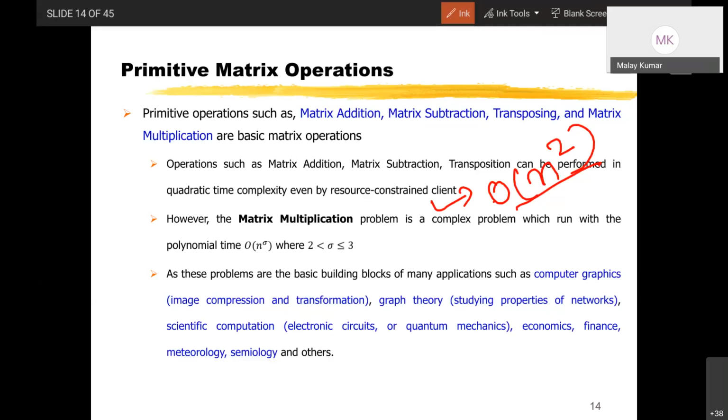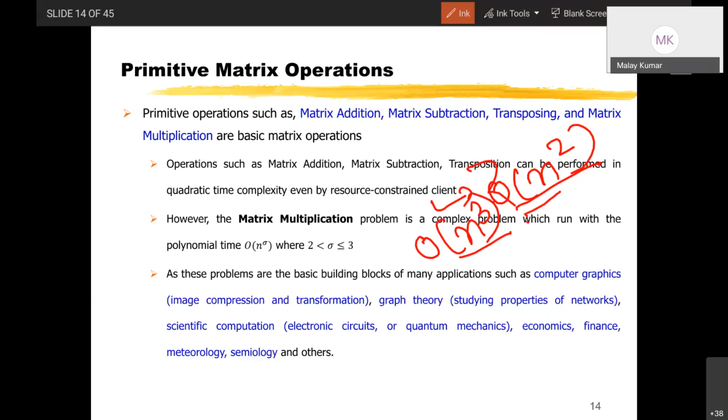Such computation can be performed even on the least resource client, or even a thin client. The main issue is how to handle problems that are of order n cube type, and how such problems will be addressed.